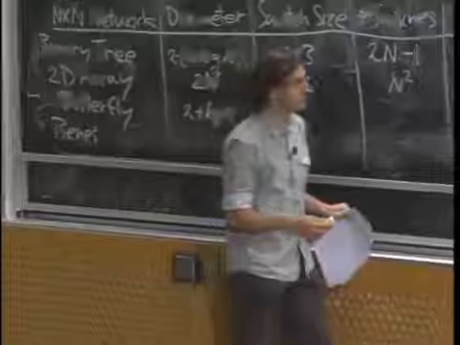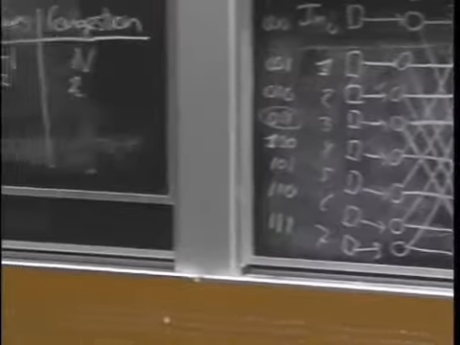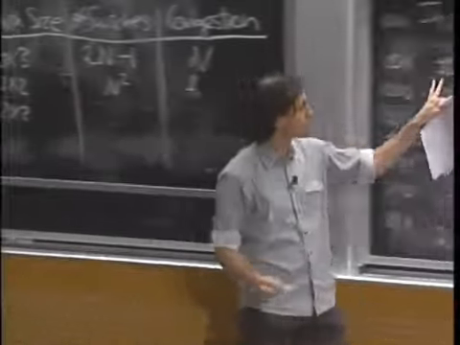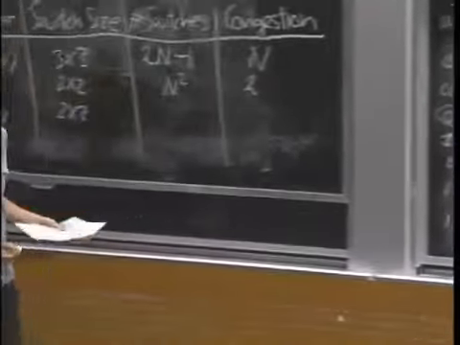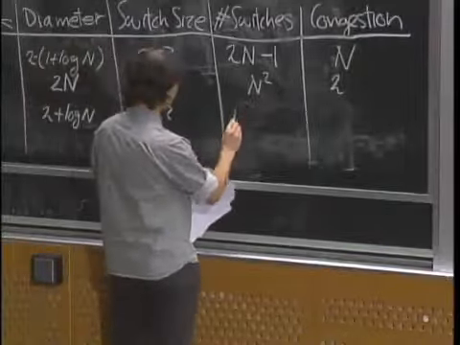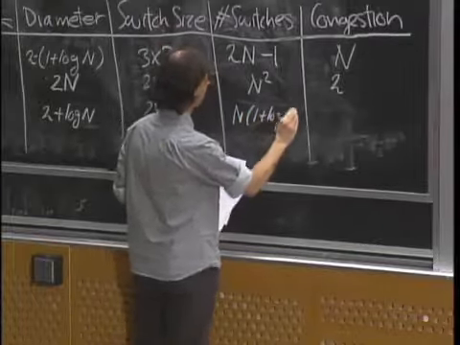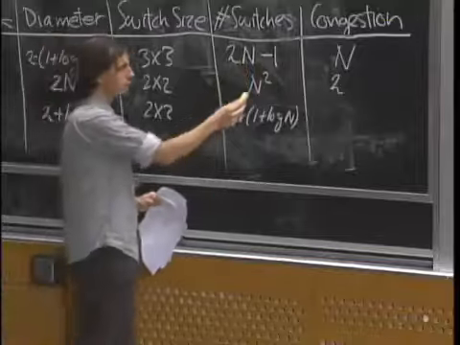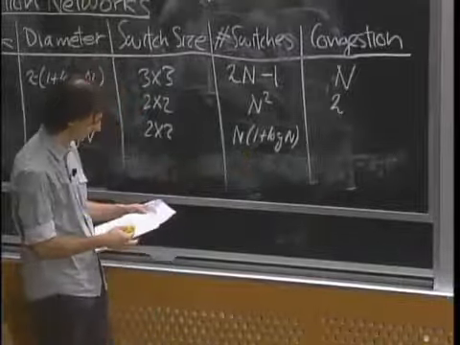The switches that we see have 2 inputs and 2 outputs, so we again have a 2 times 2 switch. The number of switches is the number of rows times the number of columns. The number of columns is the logarithm of n, and the number of rows is equal to n. To make it a little bit precise, it's 1 plus the logarithm of n. So that's somewhere in between those two, but if you think about it, it's much better than n squared. It's almost linear, except for a logarithmic factor.